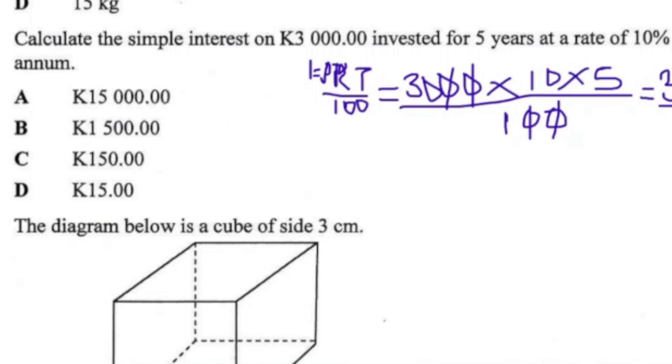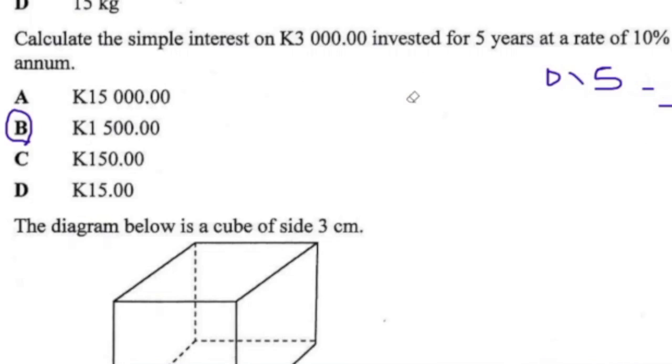Before we delete, let's check the answer. The correct answer is B. This is 1500, and that is kwacha.